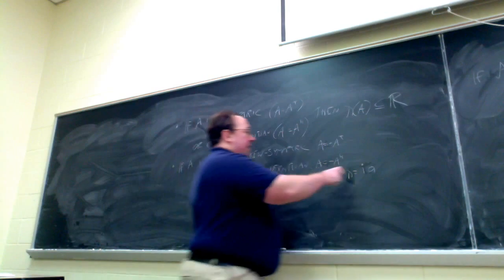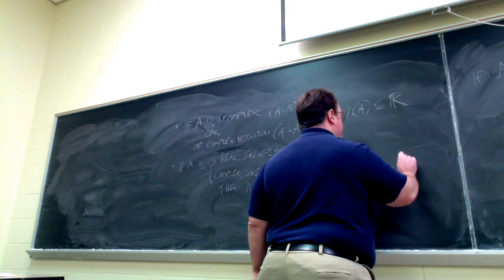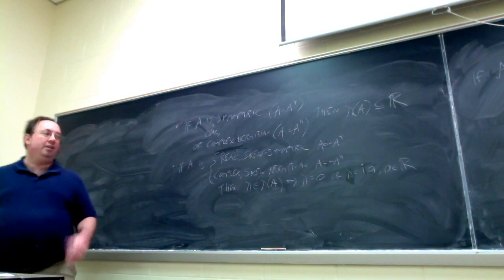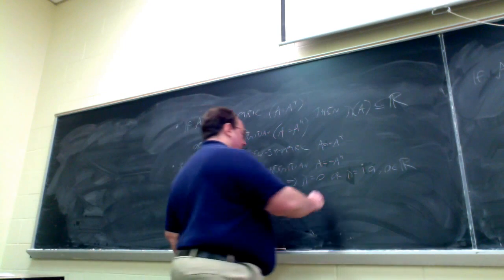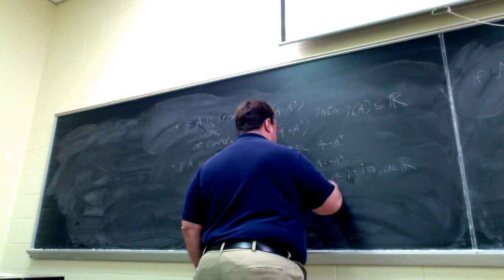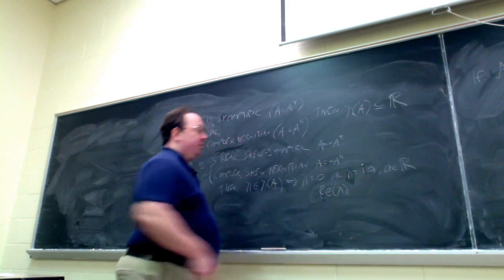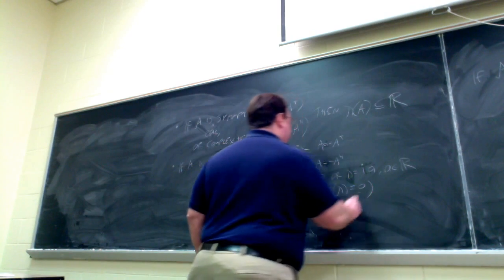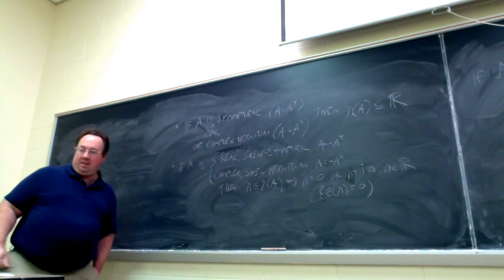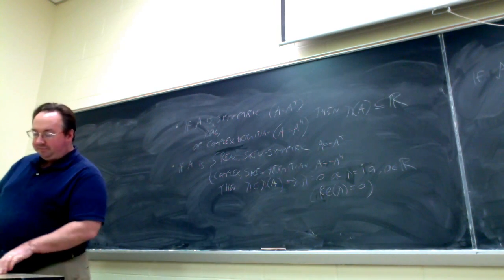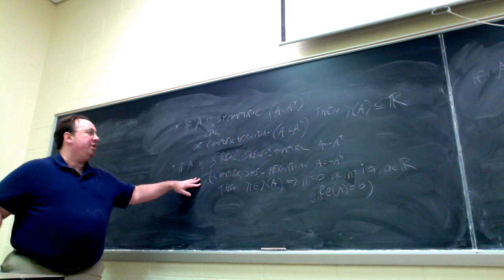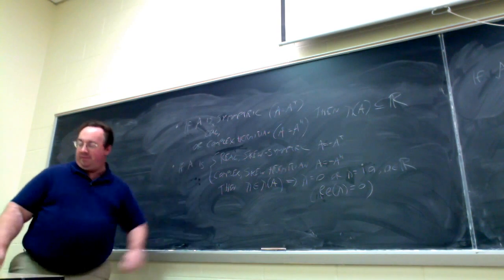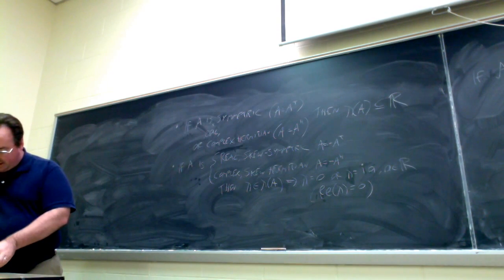So i times some real number. Okay, so in other words, another way of putting it is the real part of lambda, which is abbreviated RE for real part, and then there's IM for imaginary part, has to be 0. So no real part here, no imaginary part here. Okay.